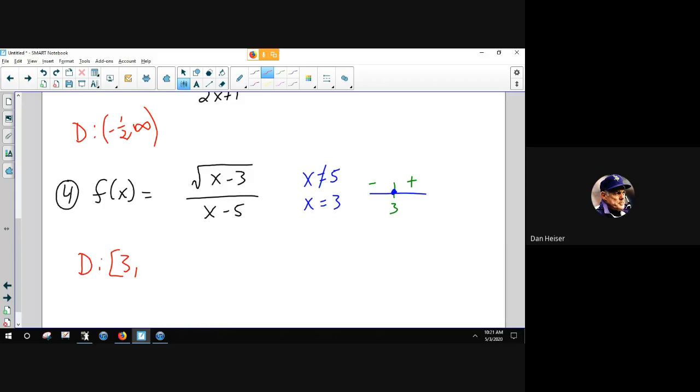And we're good until we get to 5. 5 is a problem. 5 works in the square root, but not in the denominator. Union. Now we start at 5 and we go on forever. There's the domain of that function.